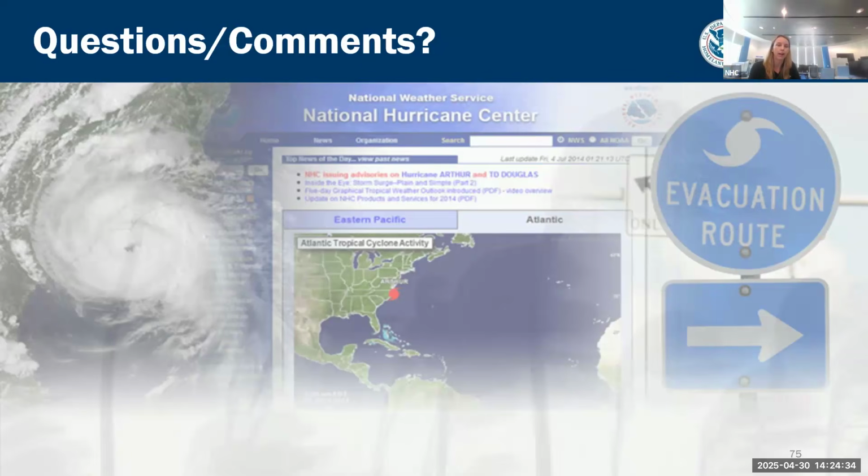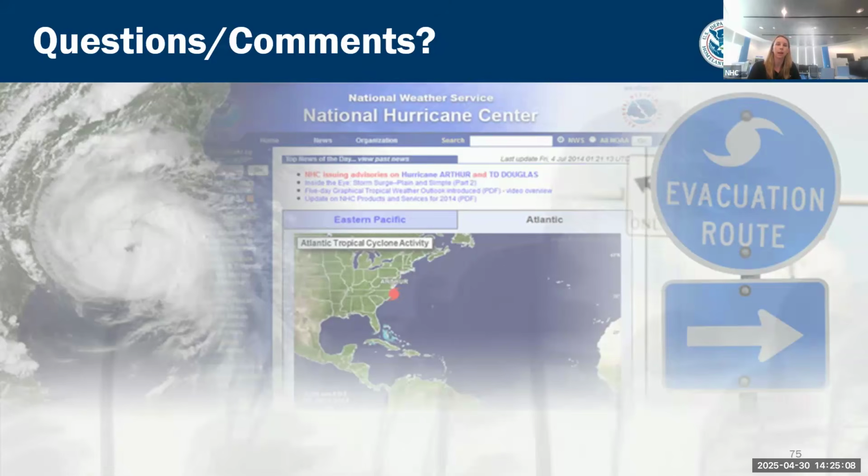We run verification statistics on the probabilistic storm surge model, and we have published some of that in peer-reviewed journals. We find that, especially at the longer lead times, the 10% is the way to go for planning. For high impact scenarios like Hurricane Florence, we found that in New Bern, the 10% exceedance did extremely well at 72 hours, highlighting the risk to the Neuse River and to New Bern.